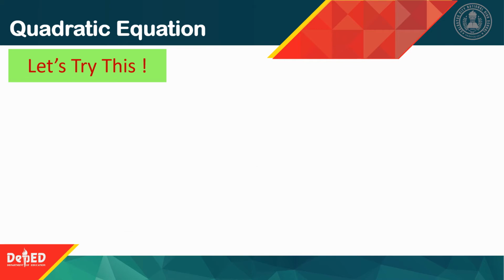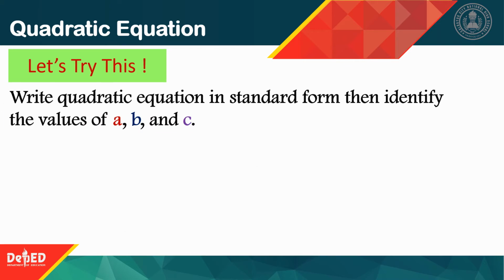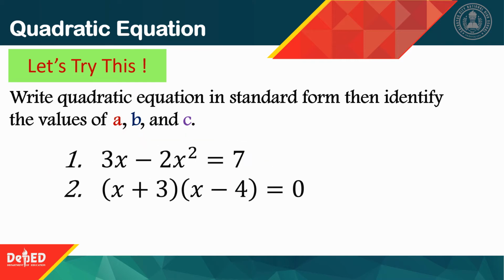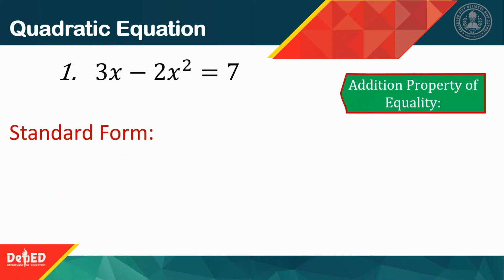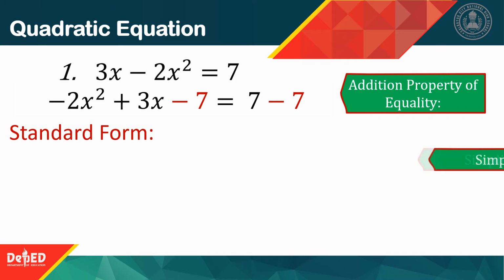Let's try this. Write the quadratic equation in standard form, then identify the values of a, b, and c. Number 1, we have 3x minus 2x squared is equal to 7. So applying the addition property of equality, we have negative 2x squared plus 3x minus 7 is equal to 7 minus 7.